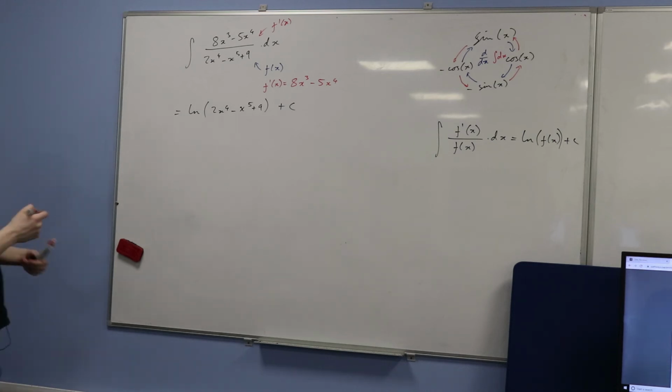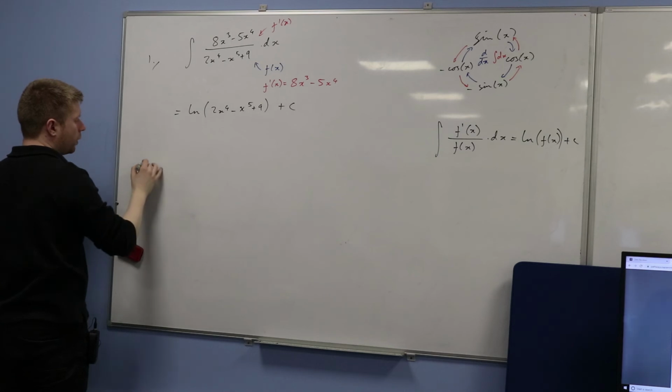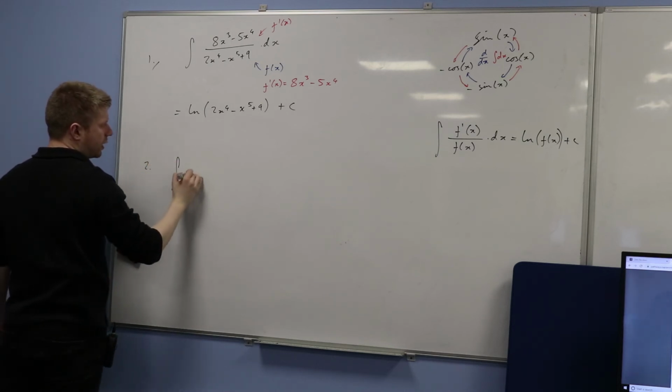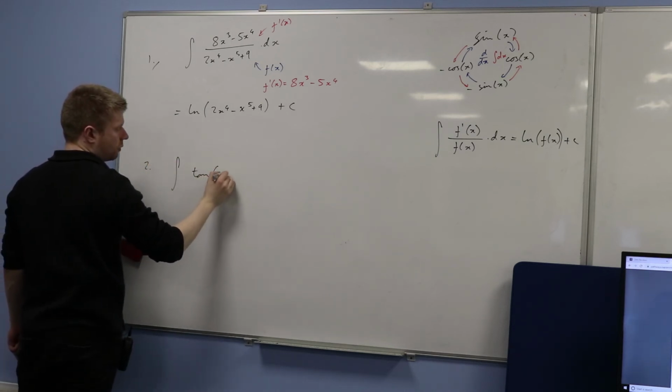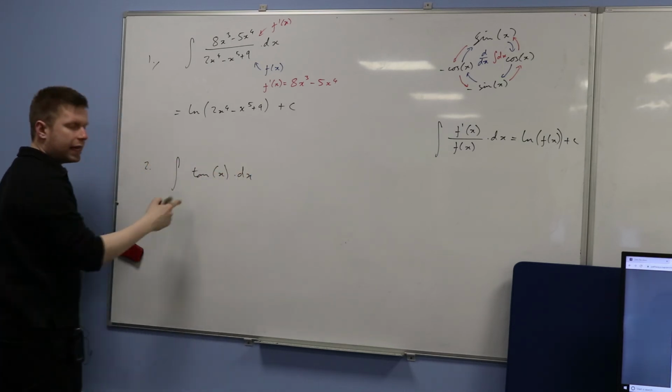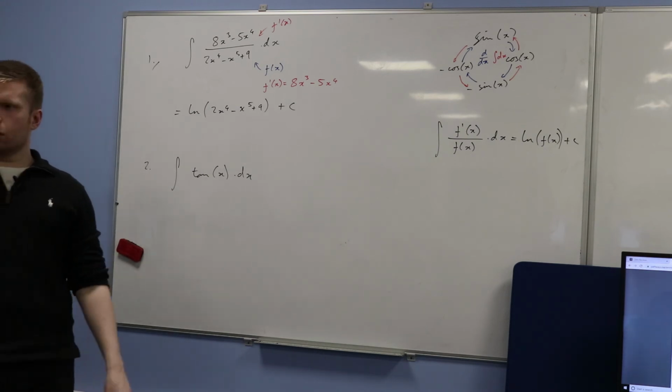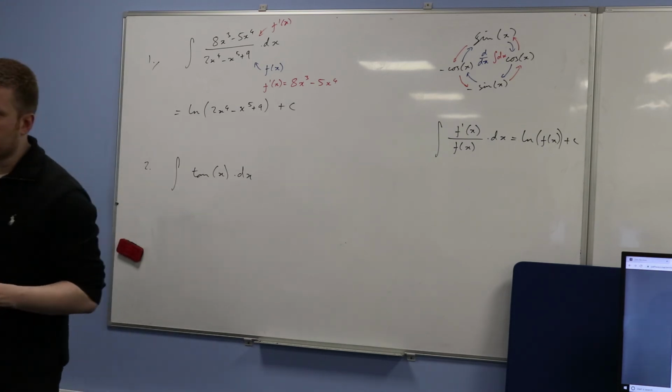Okay. Now here's a challenge for you. What would this thing be? Let's do it together. We looked at the derivative of tan x. What would the integral of tan x be?